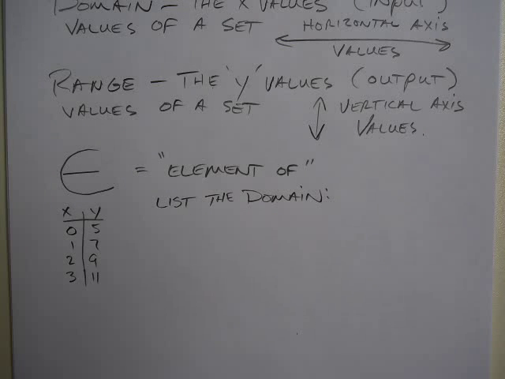Here's how we list the domain. Oh, you have a question? Yeah, when you say 0 through 3, does that include 1.5? 1.25, 0.793? Yeah.